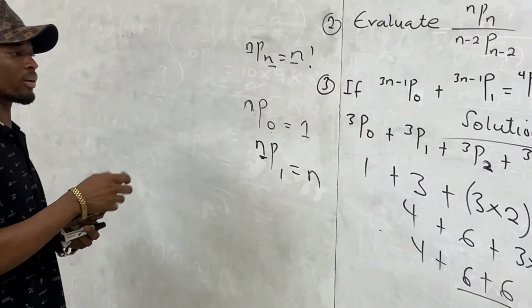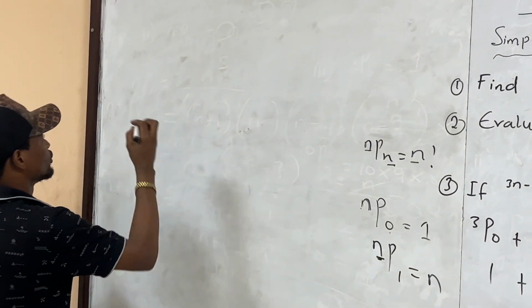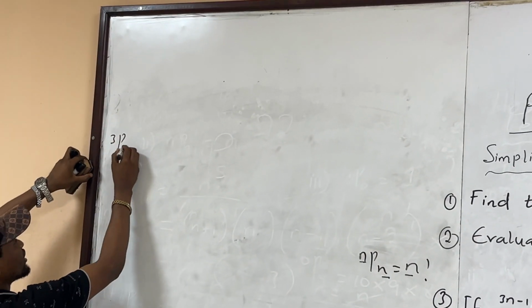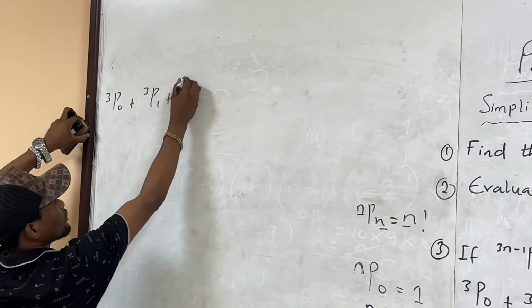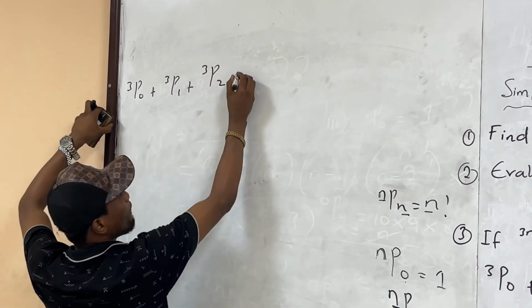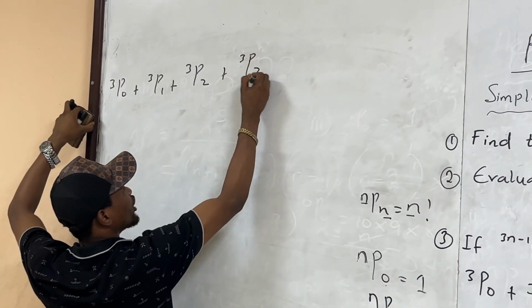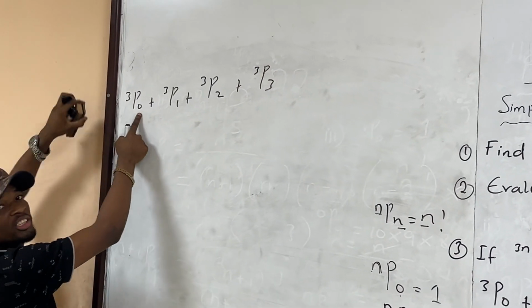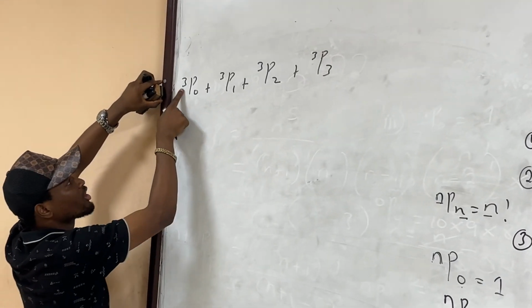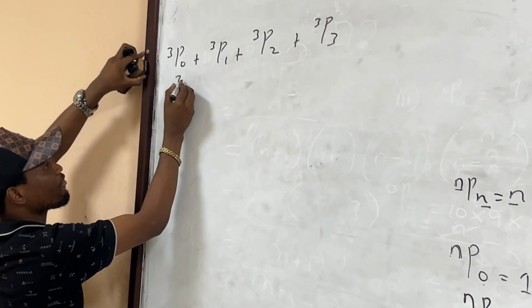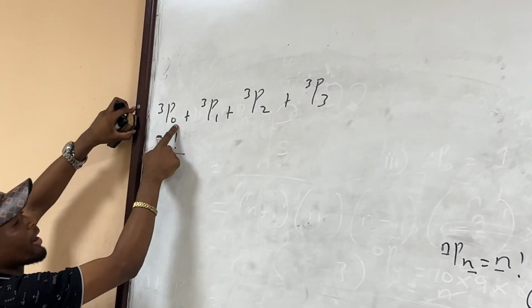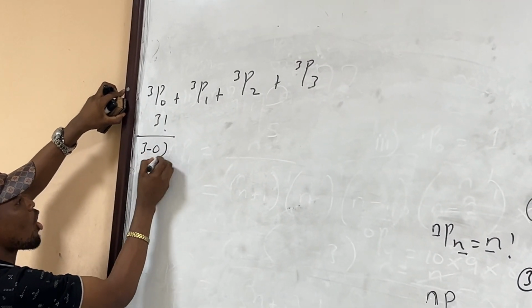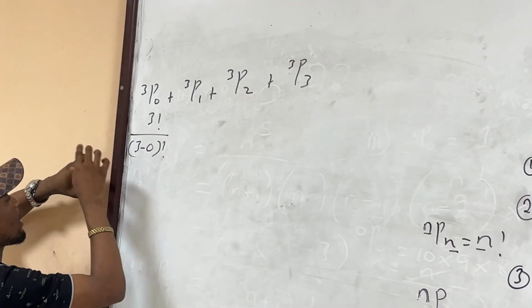Let's use the other alternative. So we said 3 permutation 0 plus 3 permutation 1 plus 3 permutation 2 plus 3 permutation 3. 3 permutation 0 is by definition 3 factorial over the difference, 3 minus 0, all factorial.